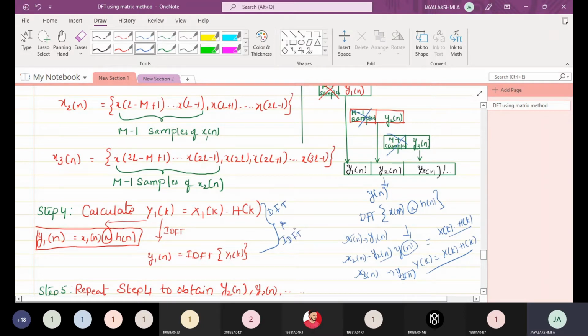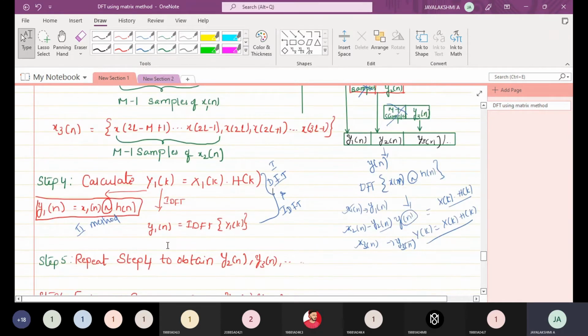Another method, the second method, is taking the circular convolution between x1 of n and h of n, which gives y of n. By applying DFT we can find y1 of k, and after taking the inverse discrete Fourier transform, we can find y of n. So there are two methods, and you can follow either one.